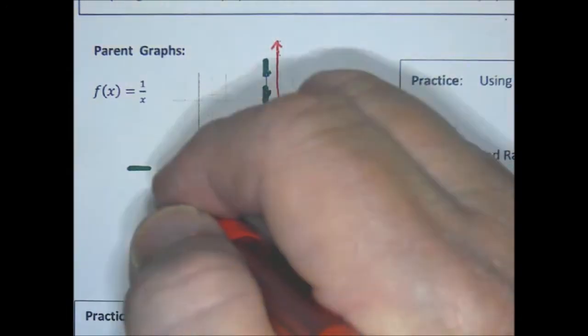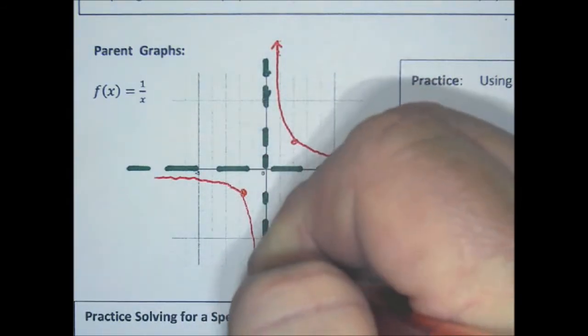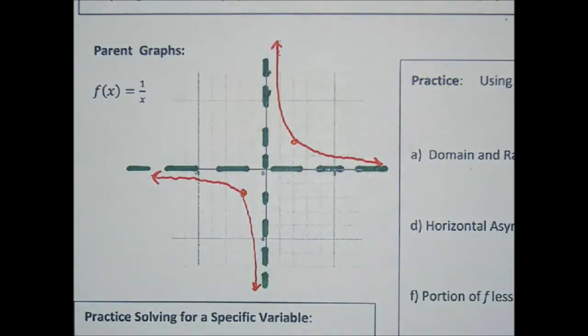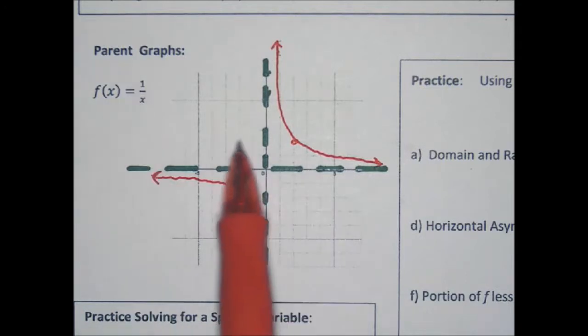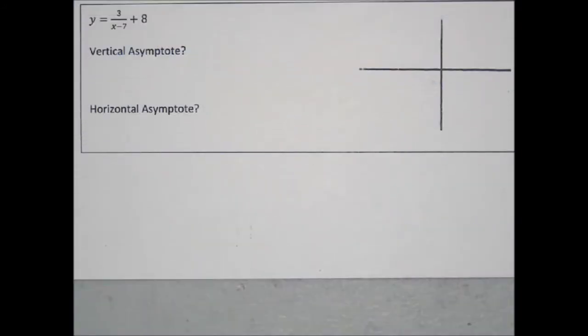And then up here, it's supposed to come in. Remember, it never touches any of the asymptotes. So that's what the graph looks like in its parent function form. If it were negative 1, we would just be using these two quadrants instead of those two quadrants.